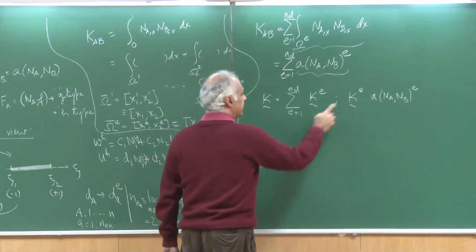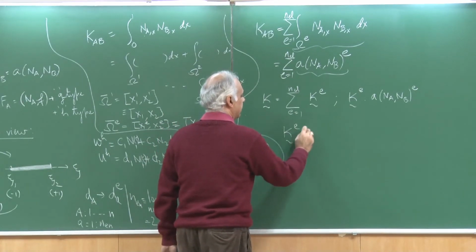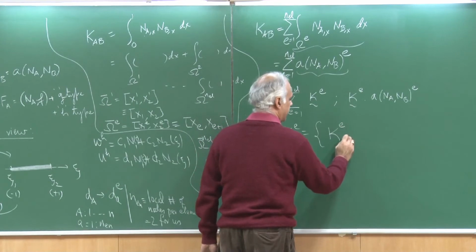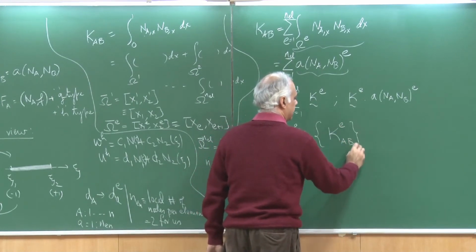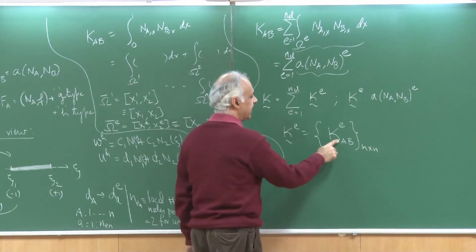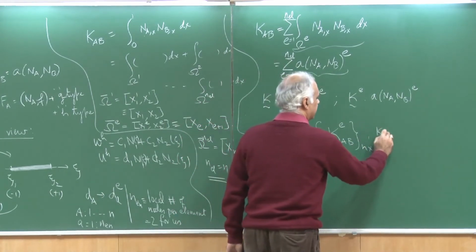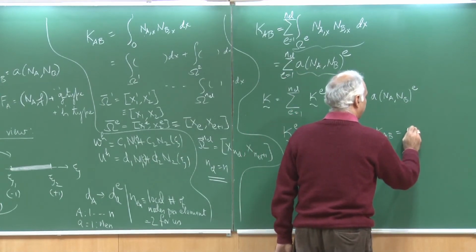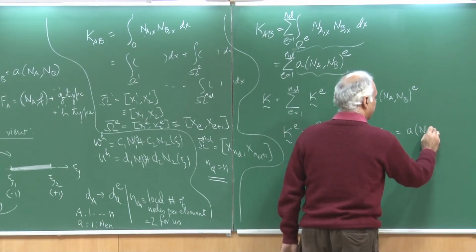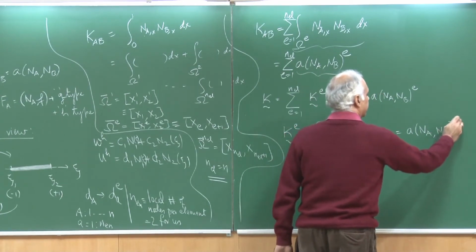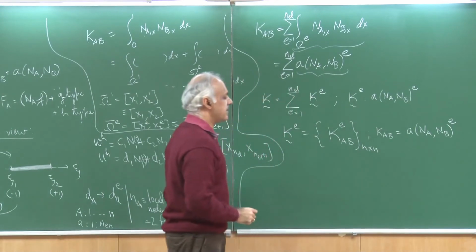So, Ke is also a full matrix which is n by n, but then Kab is actually a of Na, Nb at this element level E.